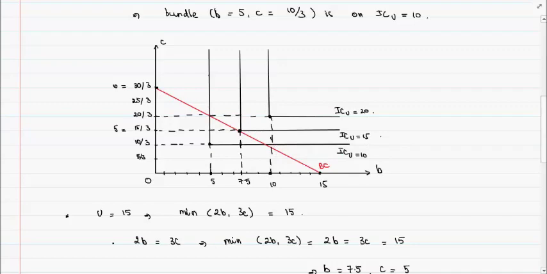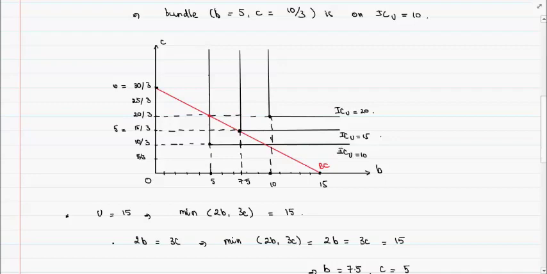Should I pick this point over here, for example? If I pick this bundle, as you can see, it is on the budget constraint, which is good, which is affordable. Now it corresponds to an indifferent curve of utility 10.